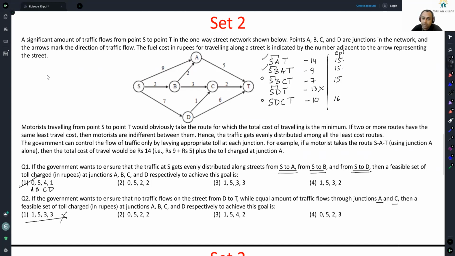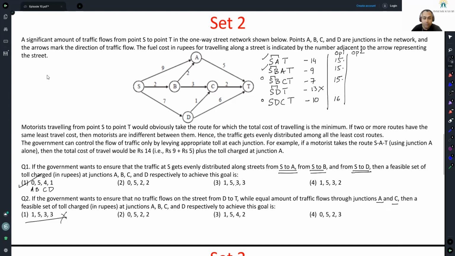The traffic will get distributed here at these three spots, and toll A will have 66.66% of the traffic passing through it, and toll C will only have 33.33% of the traffic passing through it. So this doesn't work.